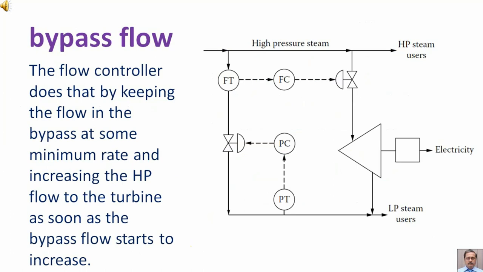The flow controller does that by keeping the flow in the bypass at some minimum rate and increasing the high pressure flow to the turbine as soon as the bypass flow starts to increase.